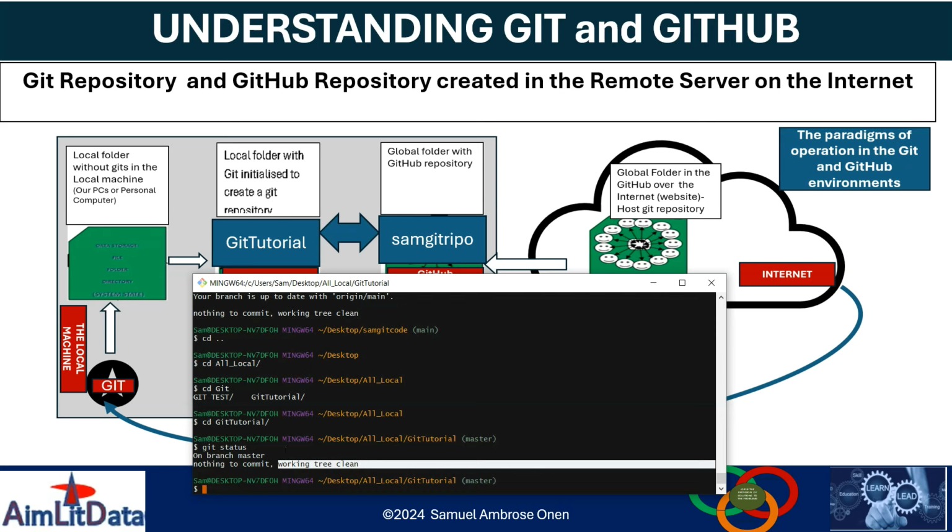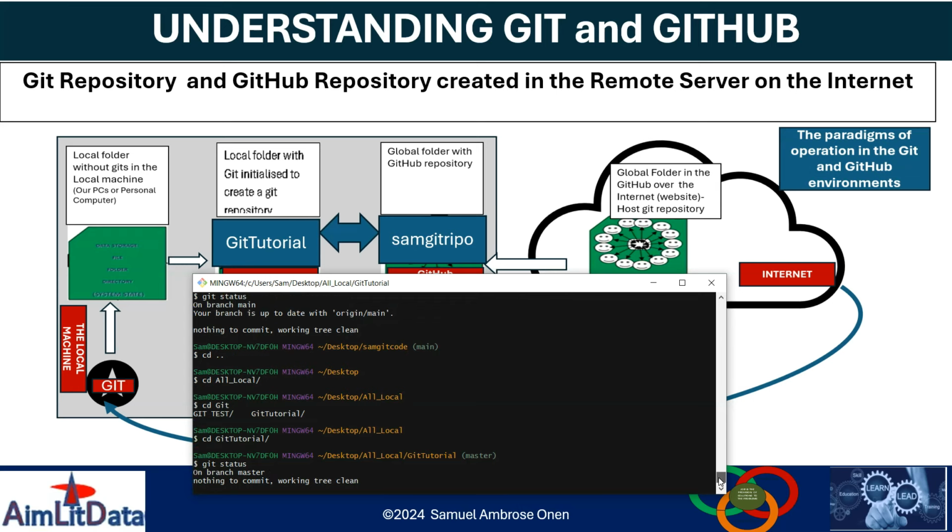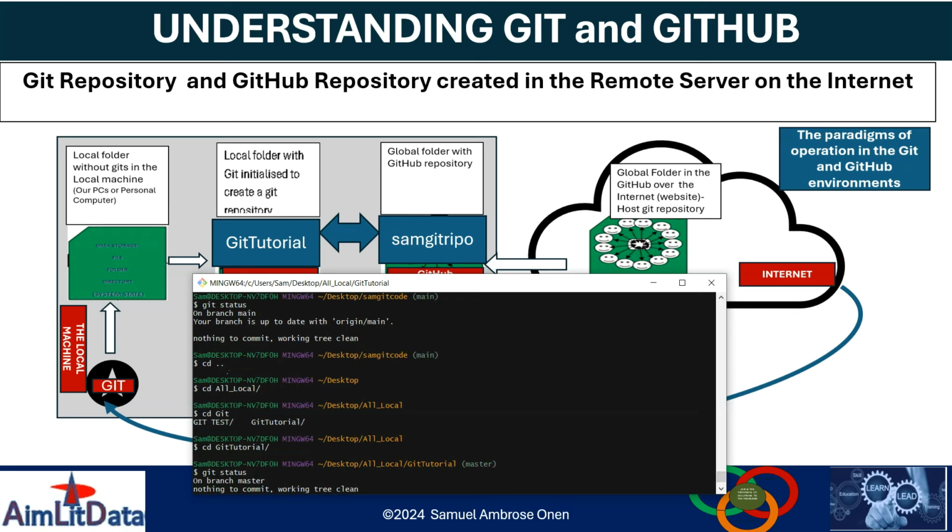But there's no information about the origin or where the branch is sitting, as we have seen from the cloned GitHub repository. You can see, the branch is up to date with origin main.